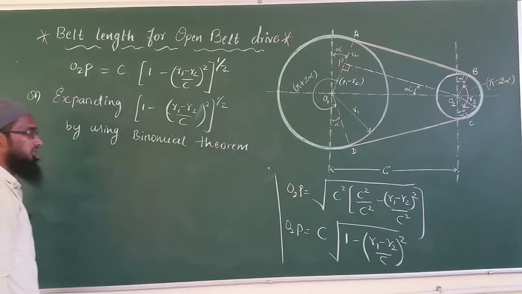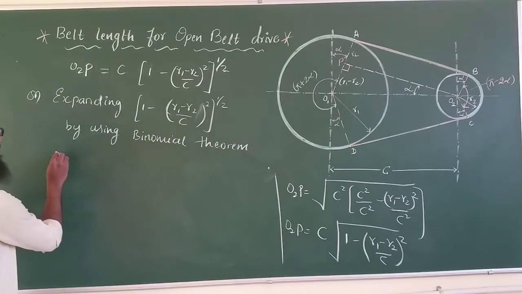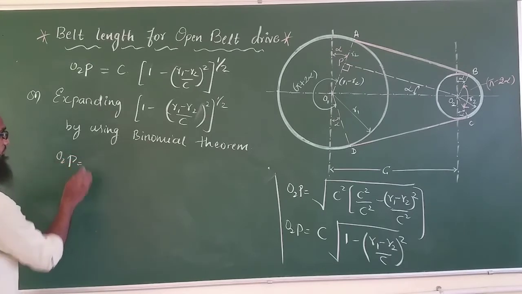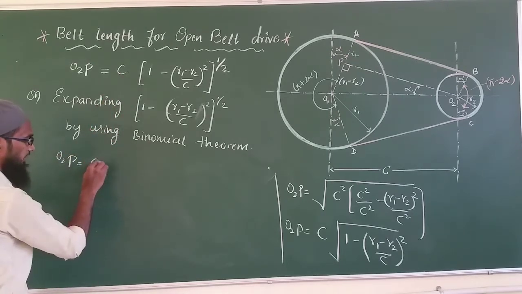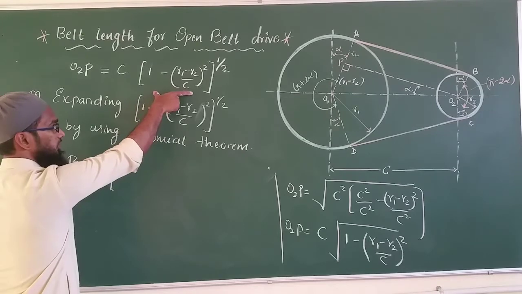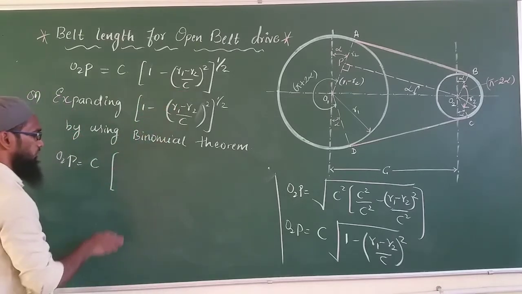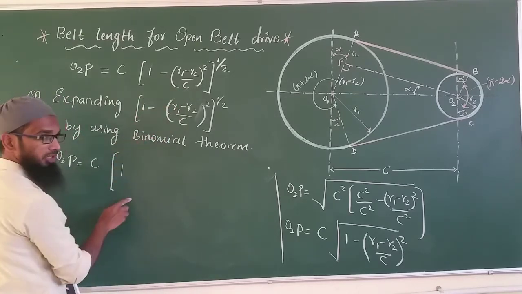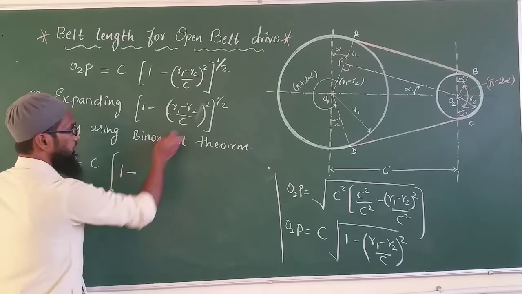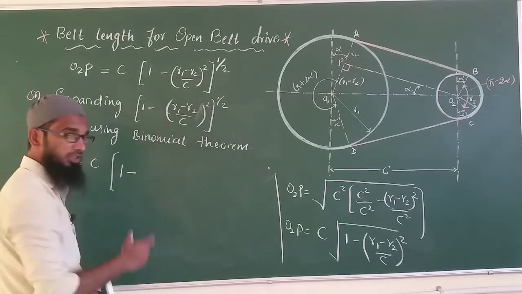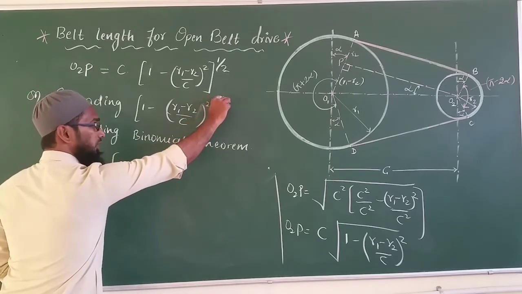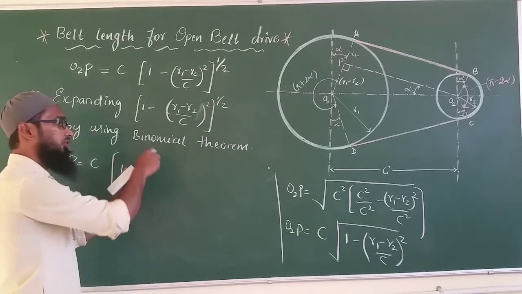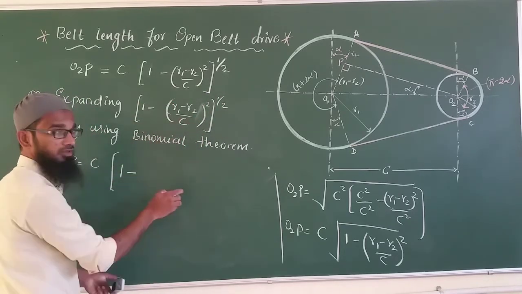So we get this, and this is our O2 P directly. Now this C I'll write as it is. Only for this term I am applying the binomial theorem, so I get 1 as it is, minus half R1 minus R2 by C whole square. For easy understanding, you just take the power half in front of this term and write the second term as it is here.